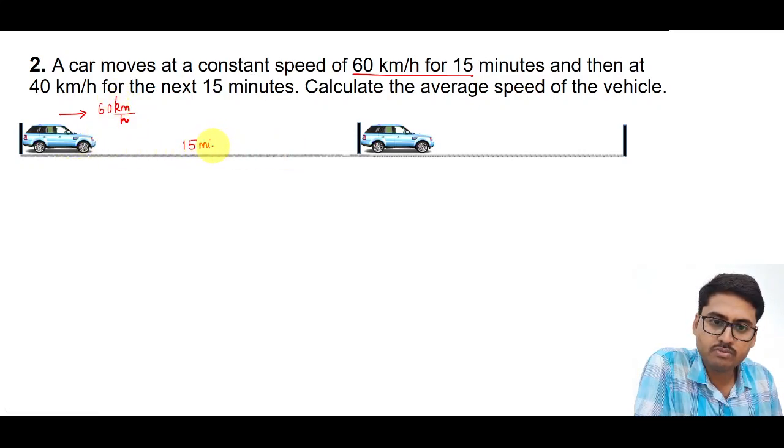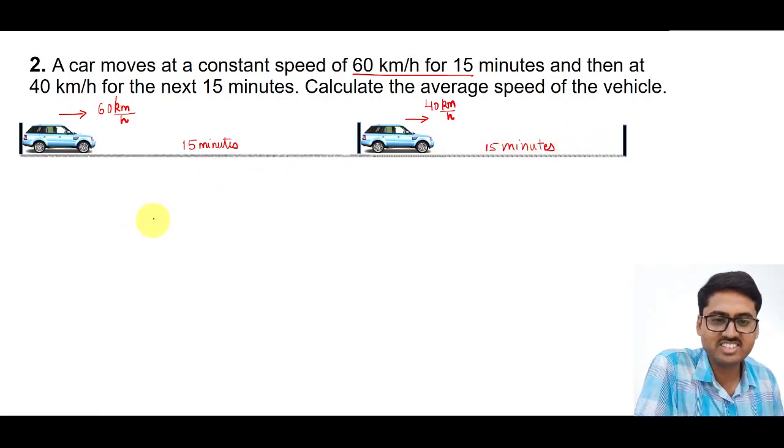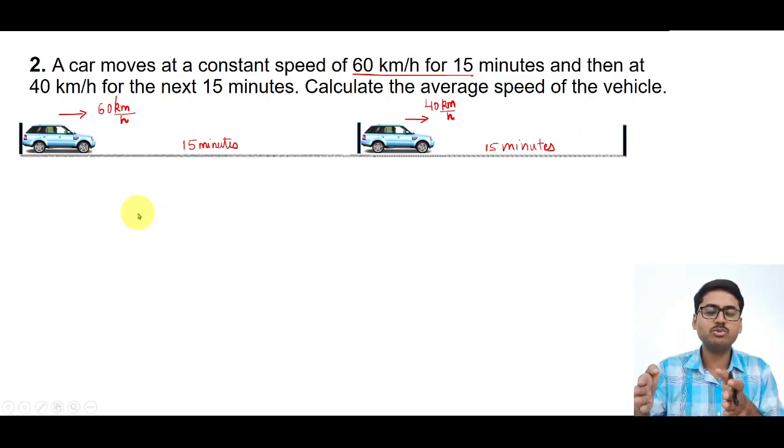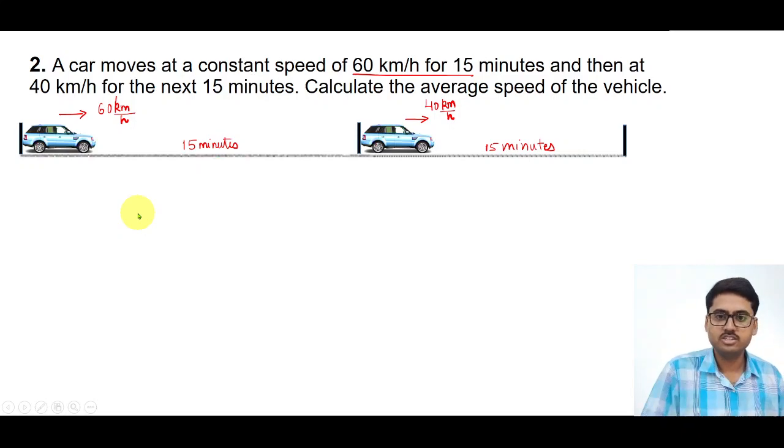It moves forward for 15 minutes, and in the next interval it is moving at a speed of 40 km per hour, and it moves for again 15 minutes. Well, you can see in the diagram I have shown the first interval a little longer than the second one because the speed is more, so it will be covering longer distance than the second interval, right?